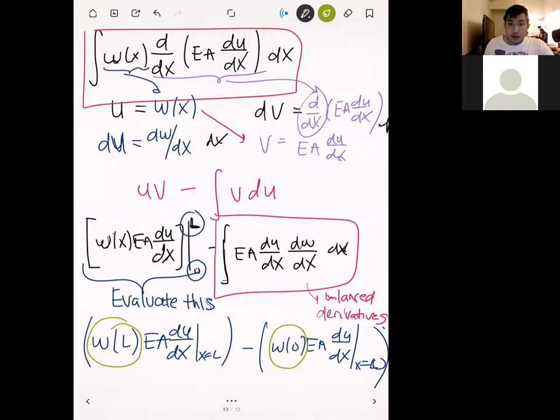What I've highlighted in green there are w of L and w of 0, which is just plain w evaluated at one of the boundaries. One is on the left-hand side at x equal to 0, and one is on the right-hand side at x equal to L. What I want you to remember is one of the requirements on w: w has to disappear at one of our essential boundaries, or Dirichlet boundaries.